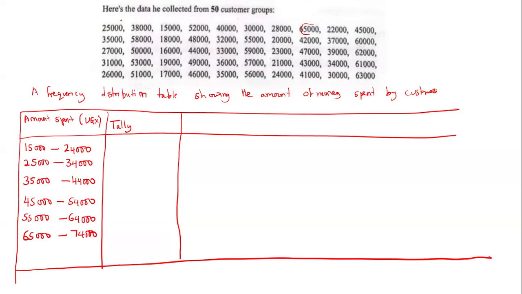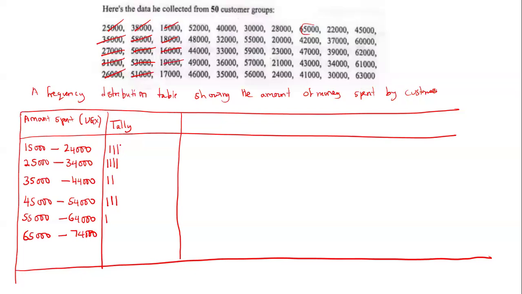You look at 25 here, I will say 25, and 25 is here. 35, and 35 is here. 27, and 27 is here. 31, and 31 is here. 26, 26 is here. 38, 38 is here. 58, 58 is here. 50, 50 is here. 53, 53 is here. 51, 51 is here. 15, 15 is here. 18, 18 is here. 16 is here.